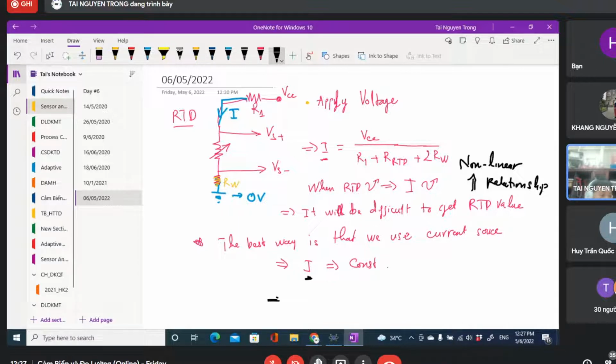And if I is a constant, in this case the value of the voltage Vs equals I multiplied by RTD, and then it will be linear.